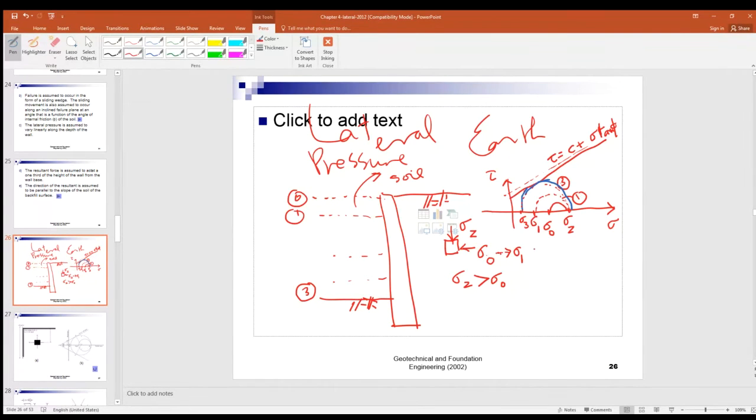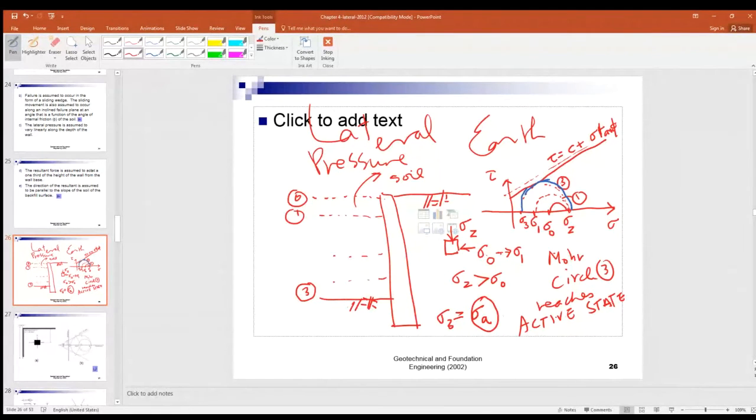Then the Mohr circle reaches the active state, right? Then the sigma 3 becomes the active pressure, right? Active pressure.